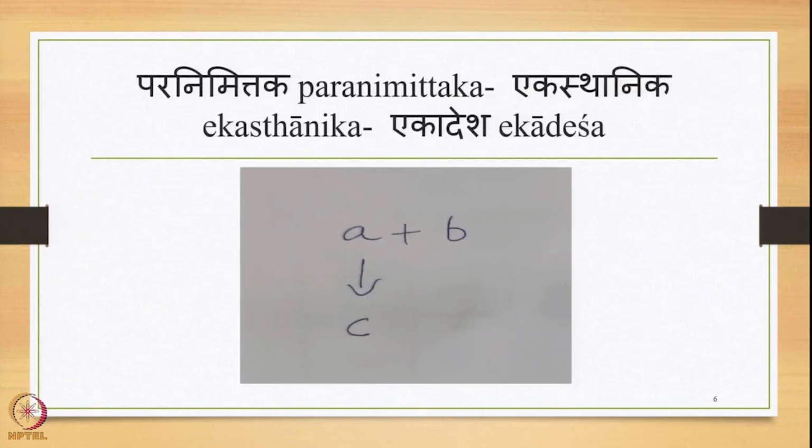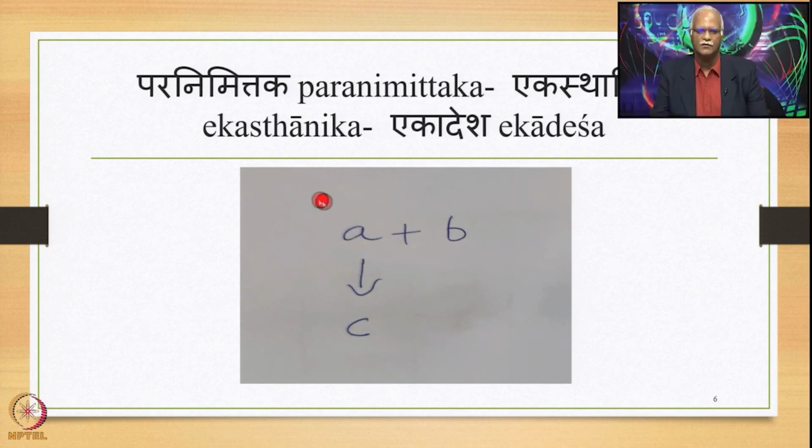So this Paranimittaka Ekasthanika Ekadesha can be diagrammatically represented in the following manner, where you have A plus B in close proximity in the Samhita mode, and then in the environment of B, in the nimitta of B, which is para in this case, A is Purva, and so this A gets substituted by C.